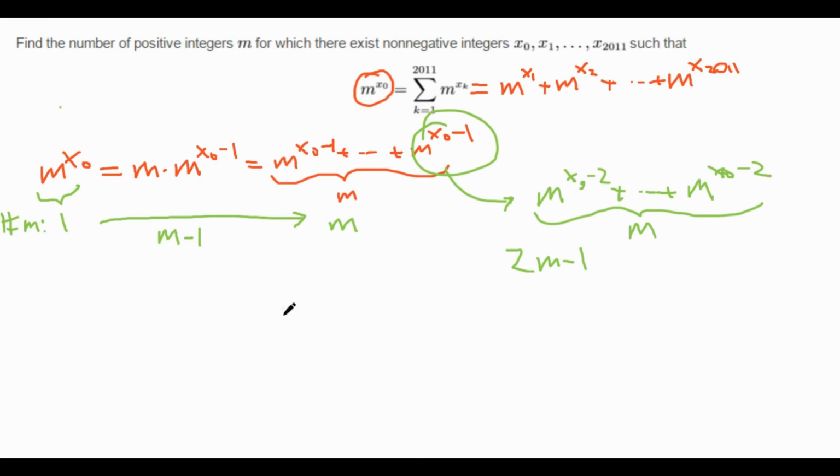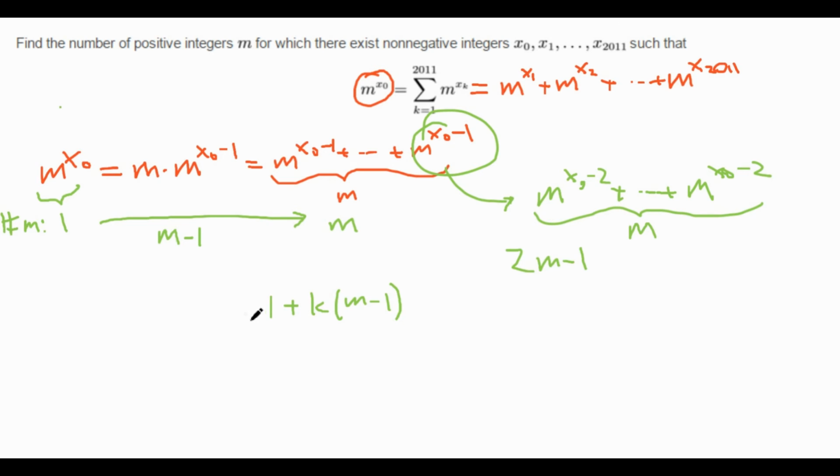And so in general, we see that the number of powers of m that we can have to represent m to the power of x0 is in fact 1 plus k times m minus 1, where k is the number of substitutions we made from a higher power of m to a lower power of m.